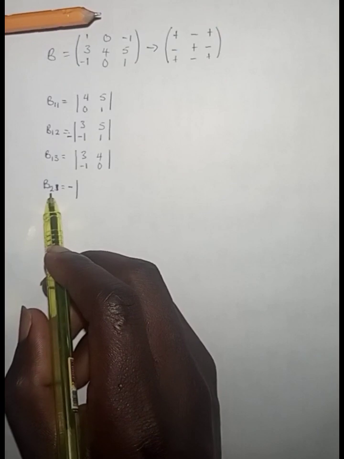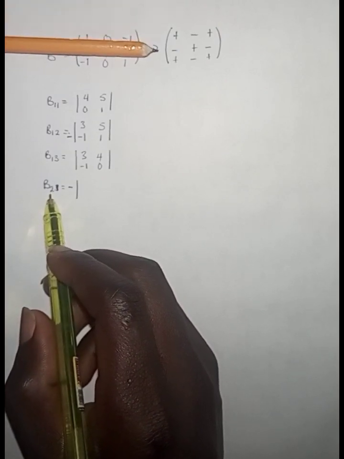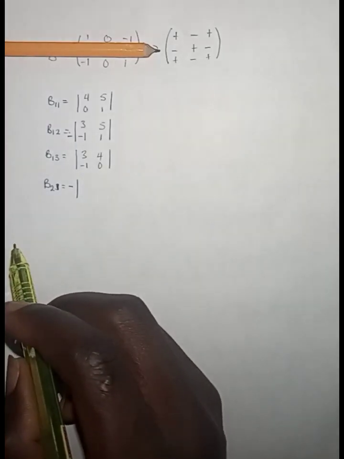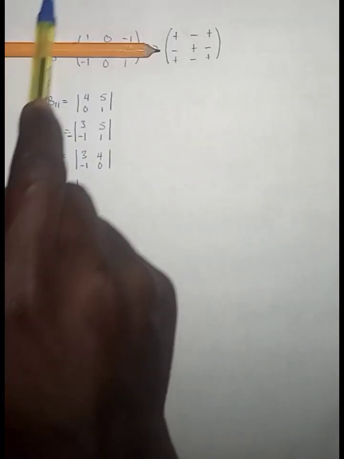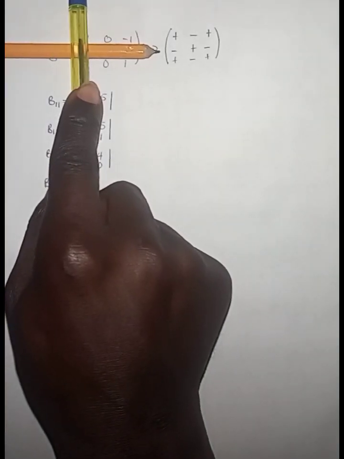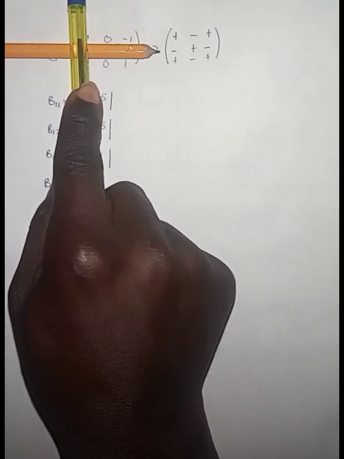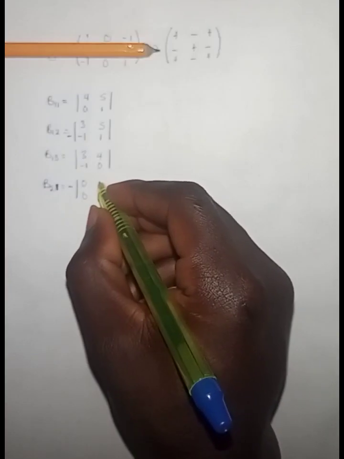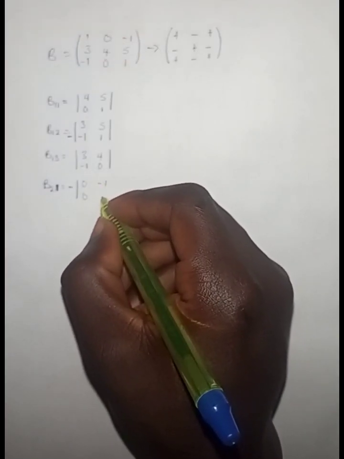So we are blocking row 2, column 1, and we are left with 0, minus 1, 0, 1.